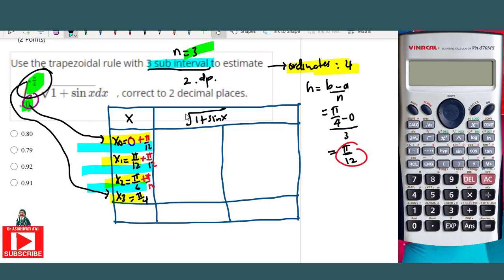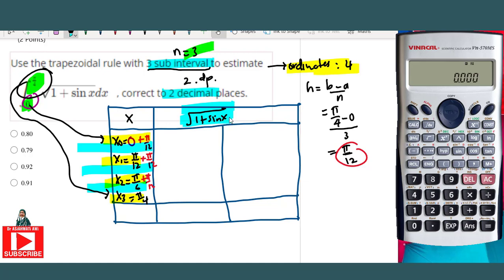Next step, substitute in this formula in the calculator. So check the calculator. On, and then set 2 decimal places. Fix to 3 decimal places, easy for you. Next step, trigo.